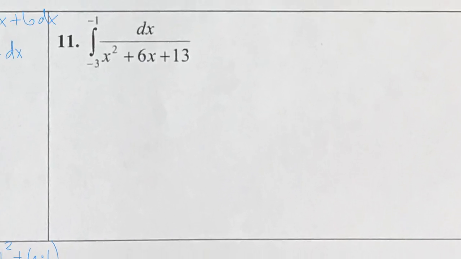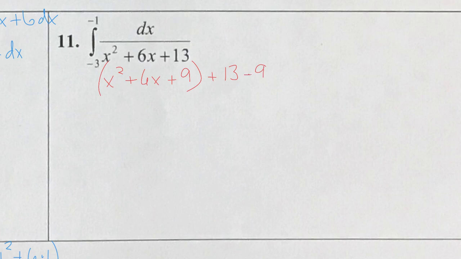Okay, so similarly here, we're going to complete the square in your denominator so that we can separate this into two different integrals, and take the antiderivative with something special. So this is x plus 3 squared plus 4. Maybe you don't recognize this, hopefully you do.